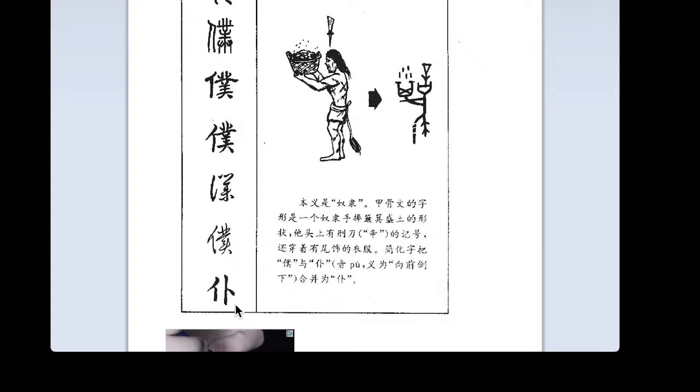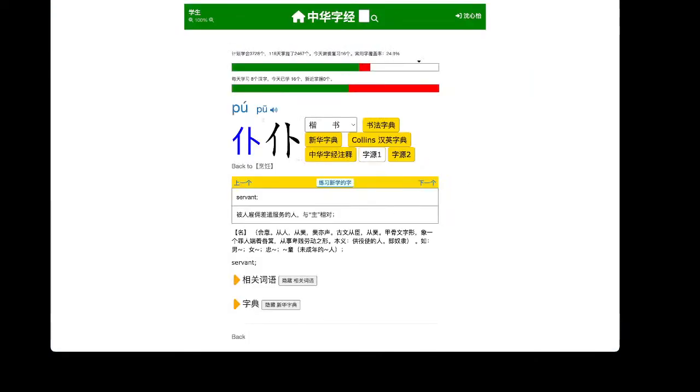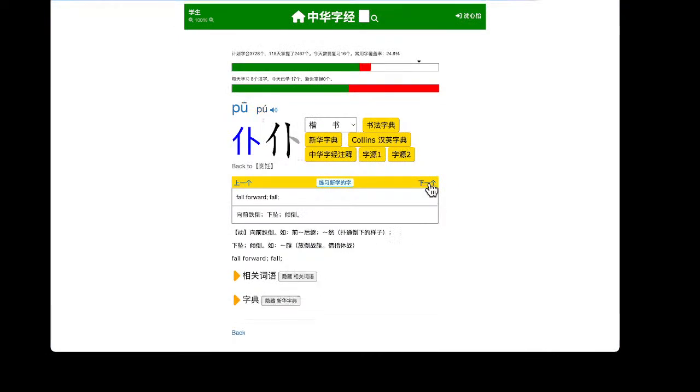So now the modern character no longer has the obvious meaning of the traditional character. So you just know the story. Now this one has another pronunciation, pu, which means fall forward. All right.